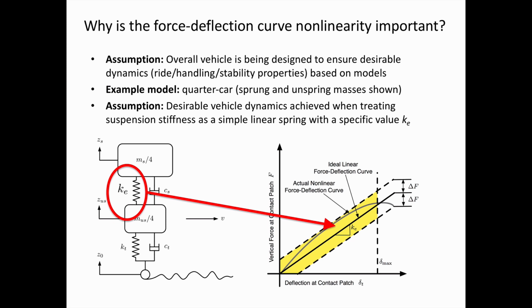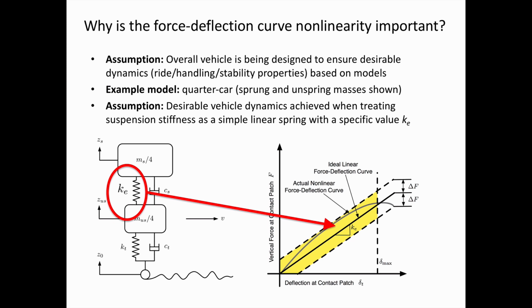On the right, we have this delta max value, a specified value of the maximum suspension deflection, and behavior after that doesn't matter in this design problem. We just want to make sure that in this window between 0 and delta max we stay between the upper and lower bounds.